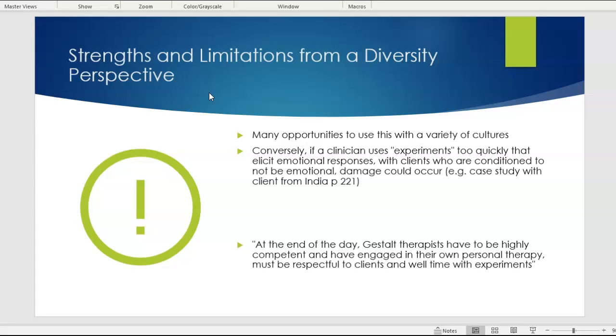You have to be highly competent and have engaged in your own therapy, because you will get triggered when you do these activities if you haven't. I talk to you about being able to just be okay if someone yells at me. I was late the other day for a client. It's funny, I wasn't really late, I was like 3 minutes late for the session.